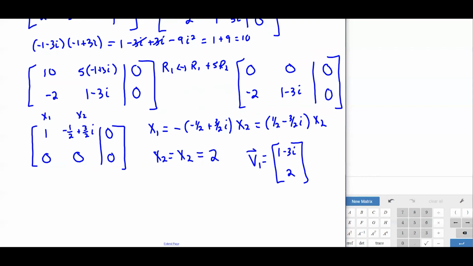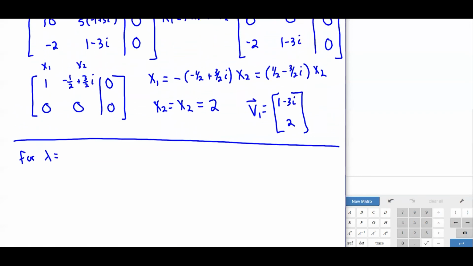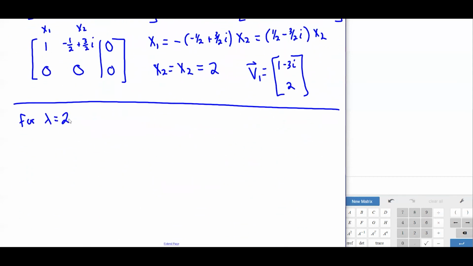All right, so let's see what would happen if we do the other eigenvalue. Let's find the other eigenvector for the other eigenvalue. For this one, we did 2 plus 3i, so this one's going to be 2 minus 3i. So we're going to go through the same process.